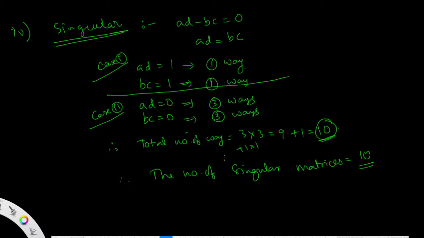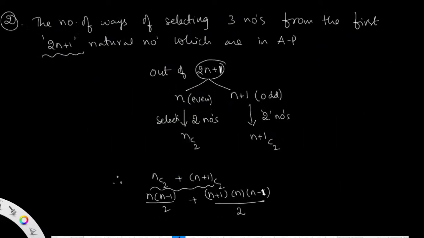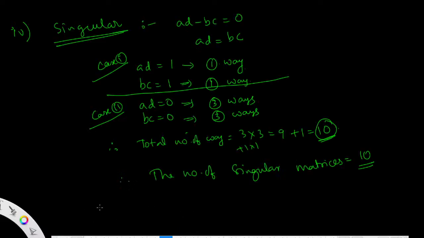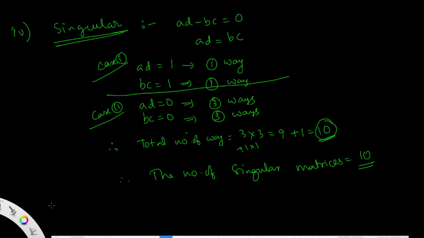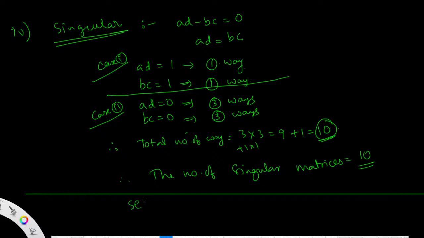Or else we can check it by shortcut only. Whatever the shortcut here, singular matrix means total minus, what is the shortcut? In the second way also we can do like this. Second method.